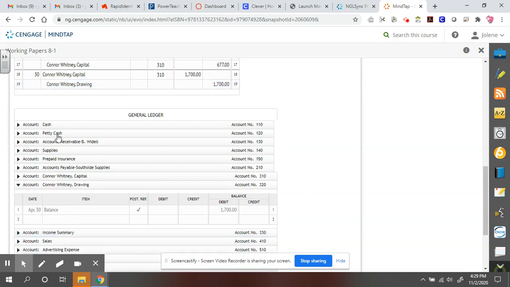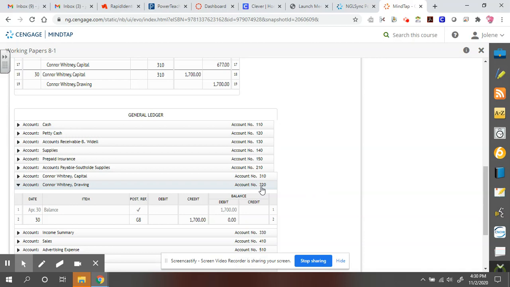So the last one we have to do here is on the 30th, and it's the drawing. And it says credit for $1,700, which credit and debit cannot add together. They have to subtract them, and it balances out to zero.